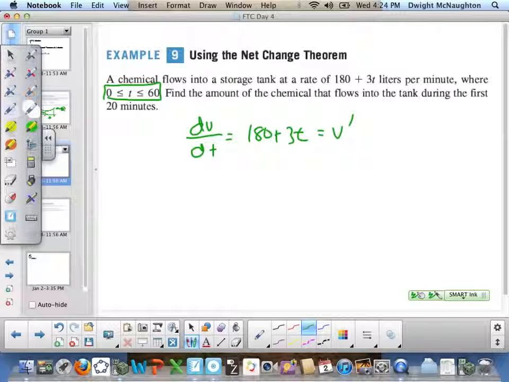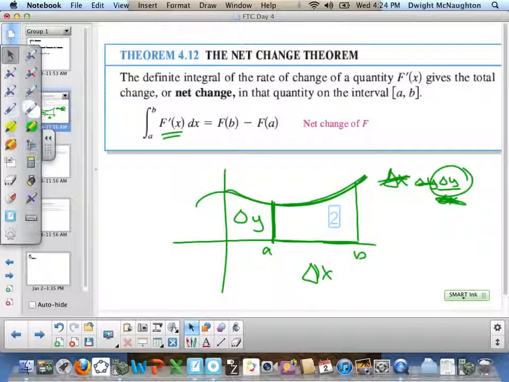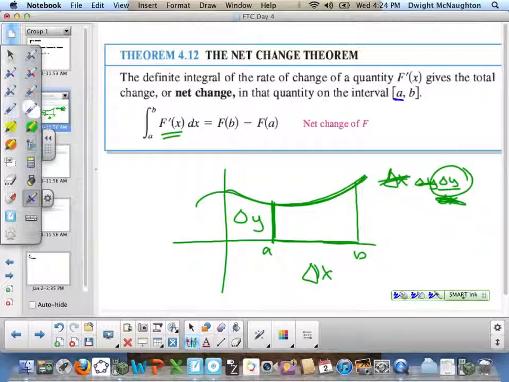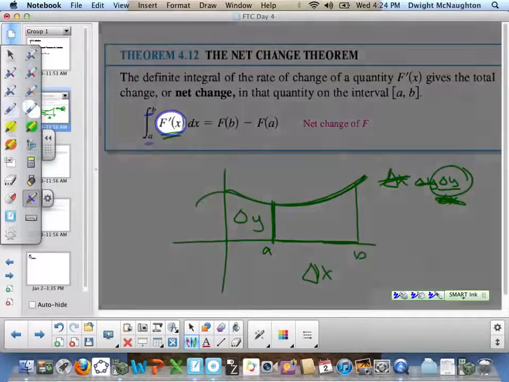Find the amount of the chemical that flows into the tank during the first 20 minutes. Using the net change theorem, A and B are 0 and 20. Our rate is V prime.